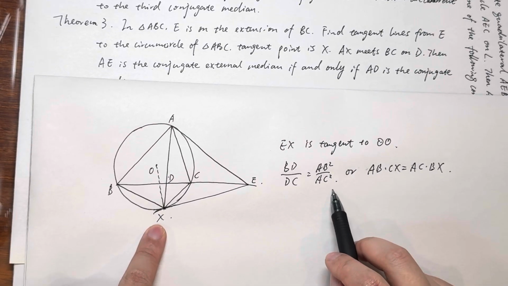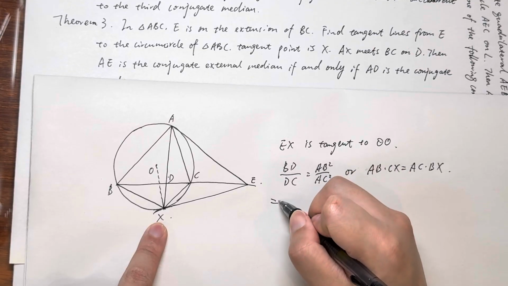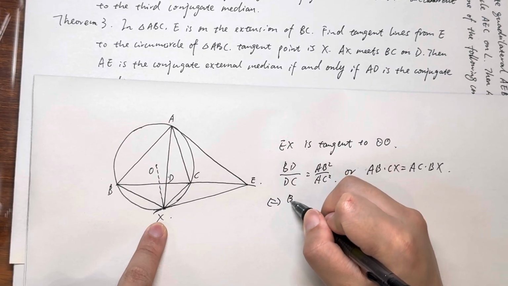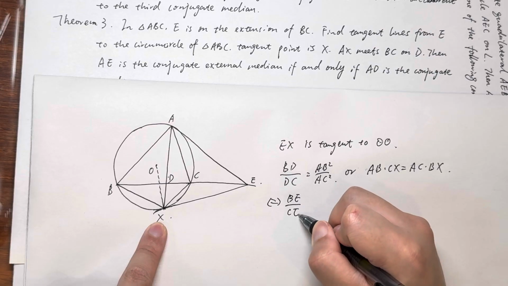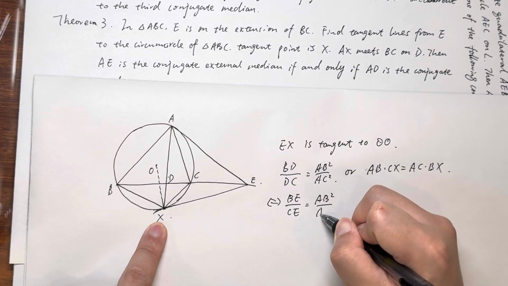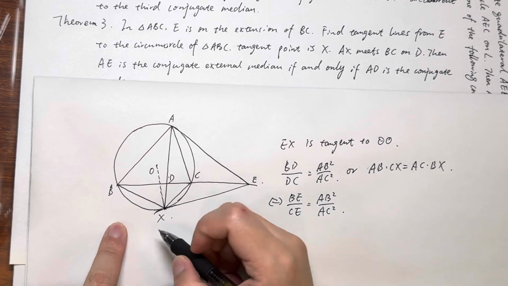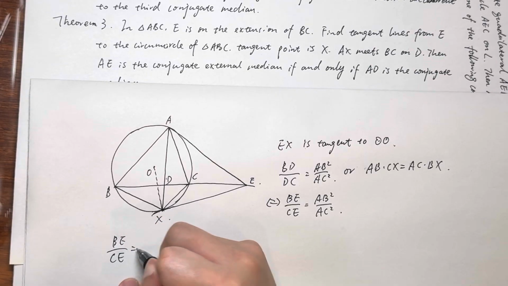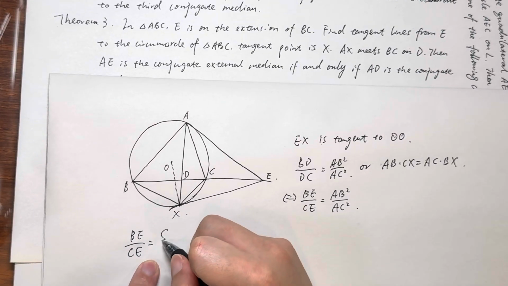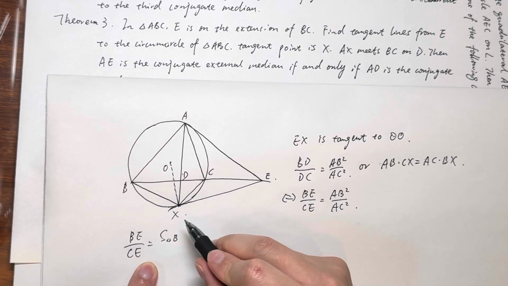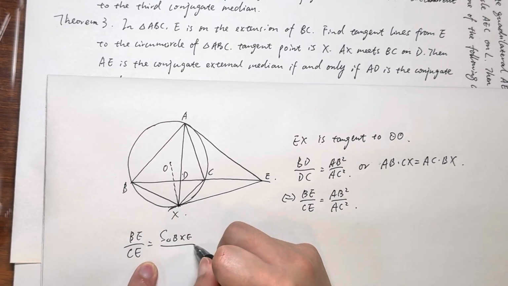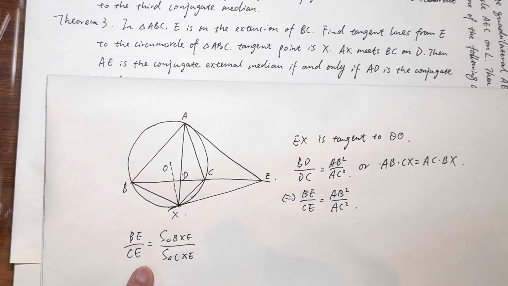So if this is true, then we want to find that BE to CE equals AB squared to AC squared too. Right. Okay, how can we get BE to CE? BE to CE equals the area of triangle BXE to the area of triangle CXE, right?